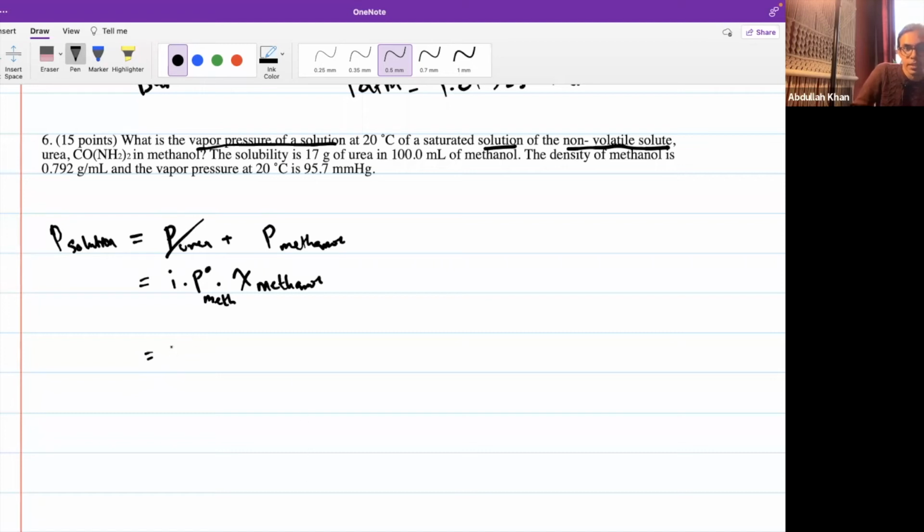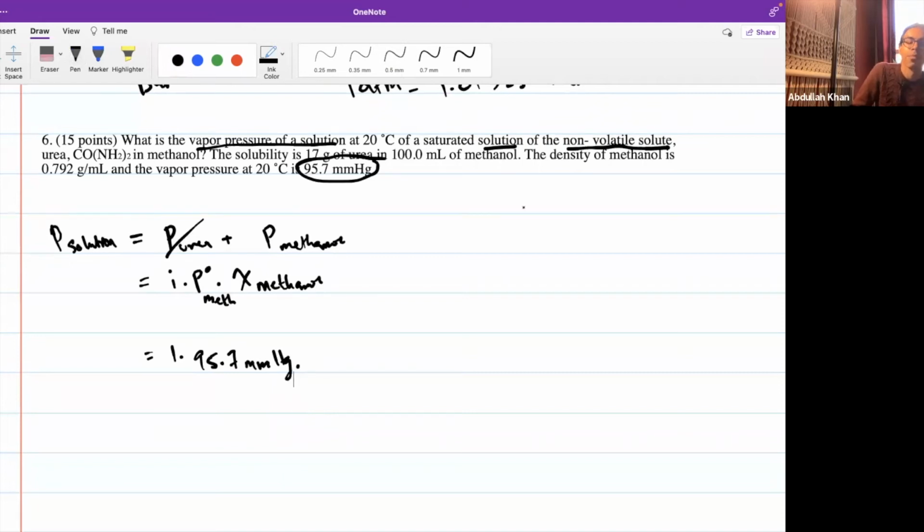Yep, it is an organic compound, so it's molecular, and so the value is 1. P naught is the pressure of methanol just on its own, 95.7. This is pure methanol. Times, we just need to figure out the mole fraction of methanol, which you know how to do. Moles of methanol divided by moles of everything.